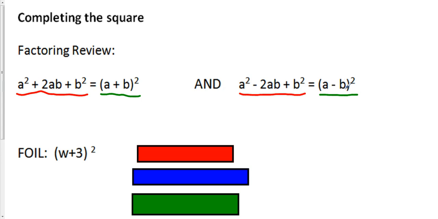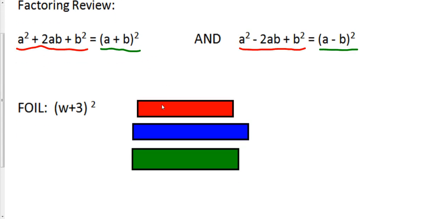It'd be a minus b squared. So those are just some quick reference guides. If you can get something to this form, a plus b, that amount squared, it'll turn into this. Same thing, if you get it to a minus b, all of that squared, it'll look like this. And it goes both ways.